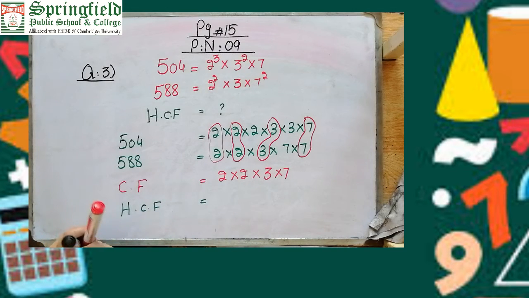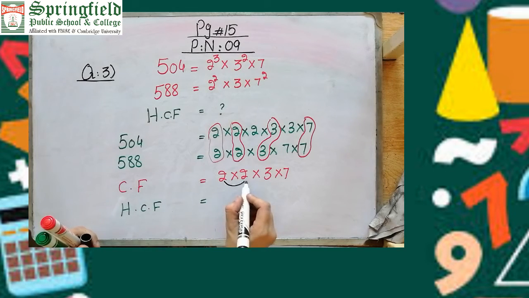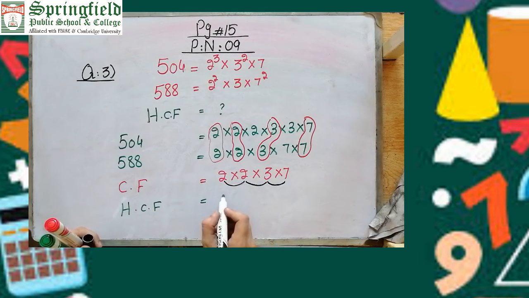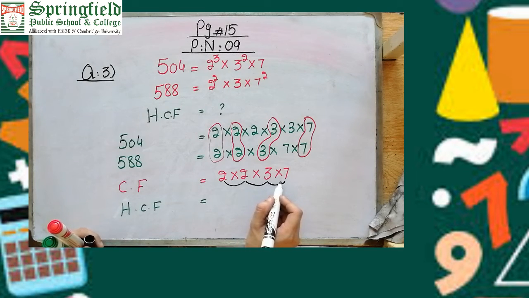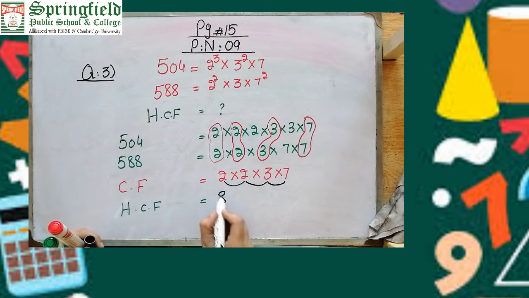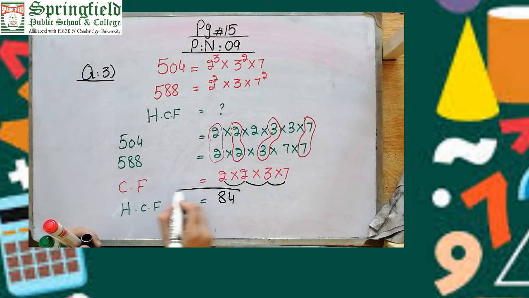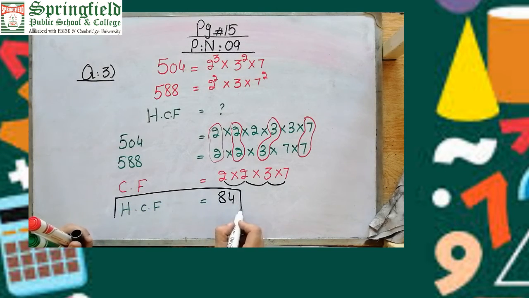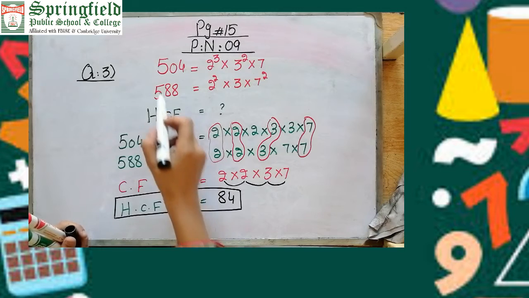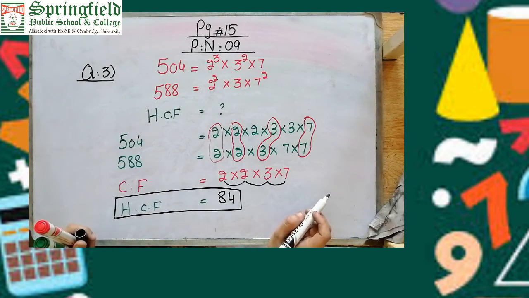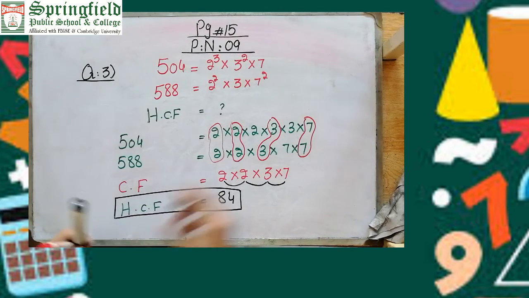The multiplication of all the factors. 2 2s are 4, 4 3s are 12, 12 7s are 84. It means 84 is the HCF of 504 and 588. Understood, beta? Okay.